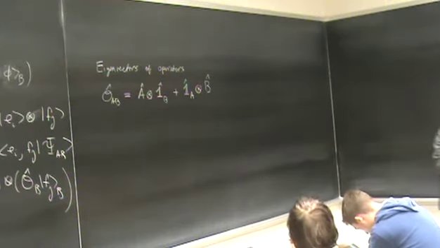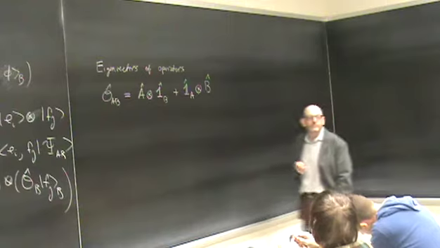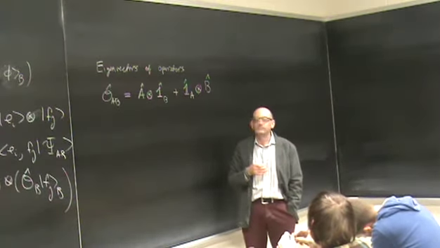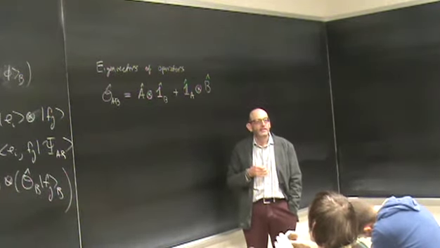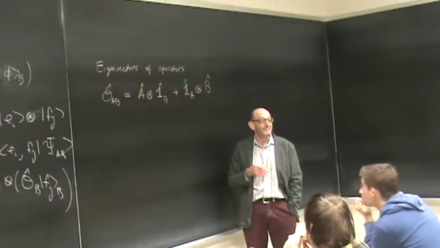What is an example of an eigenvector of this operator? An eigenvector of A tensor eigenvector. Exactly.